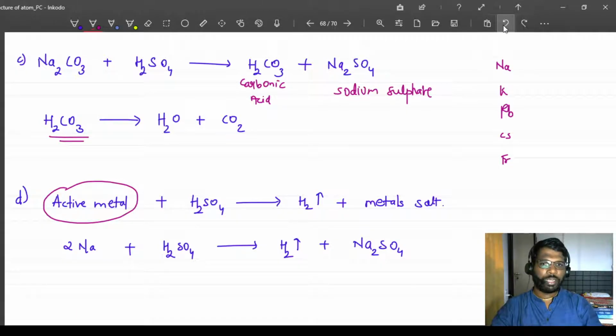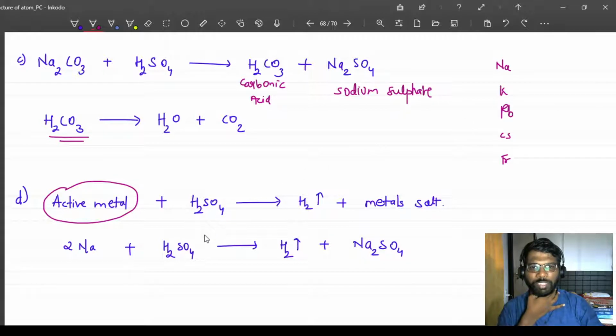The size of these elements is the biggest in the whole period, so the ionization enthalpy is also very low. That's why they can give up their electron very easily, and that's why we call them active metals.